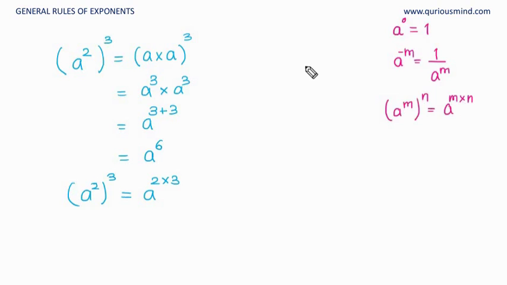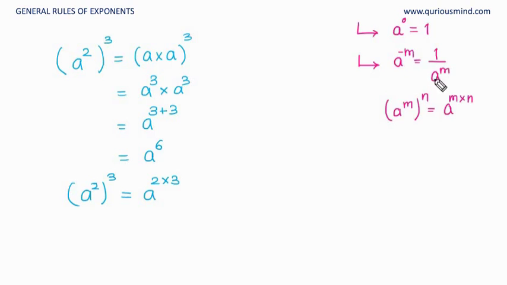So we got 3 new rules. First says a raised to 0 means any number raised to 0 is always 1. Second rule which says negative power of any base is equal to 1 upon positive power of that base. And we know a is a non-zero number.